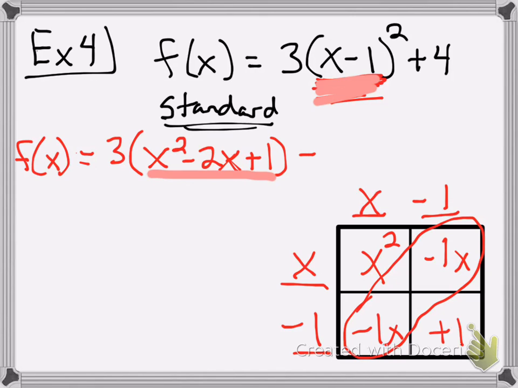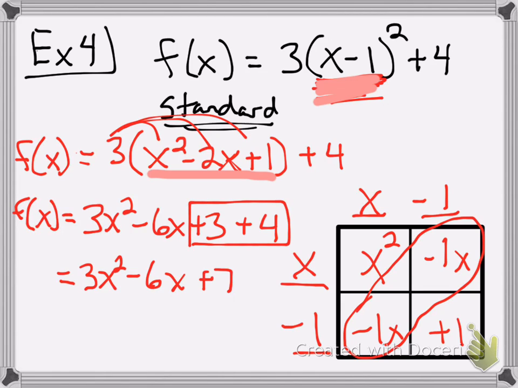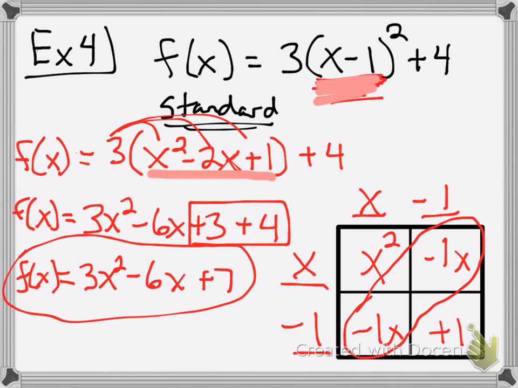And don't forget the plus 4 at the end. Now what do I do? Well, I got to distribute 3 with that. So that's going to make it 3x squared minus 6x plus 3 plus the 4. Last thing, 3x squared minus 6x. These terms will combine. Plus 7. They will combine. Okay?